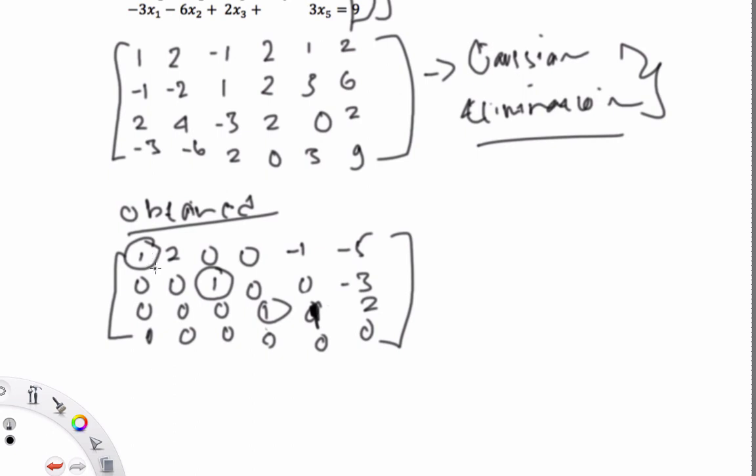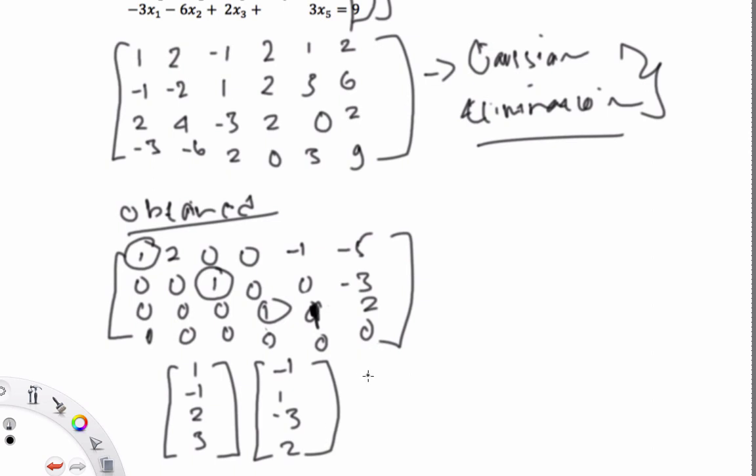We have 3 basis vectors, where the basis here contains, I will write, the first one: 1, minus 1, 2, 3. And the second one is minus 1, 1, minus 3, 2, and the last is 2, 2, 2, and 0.